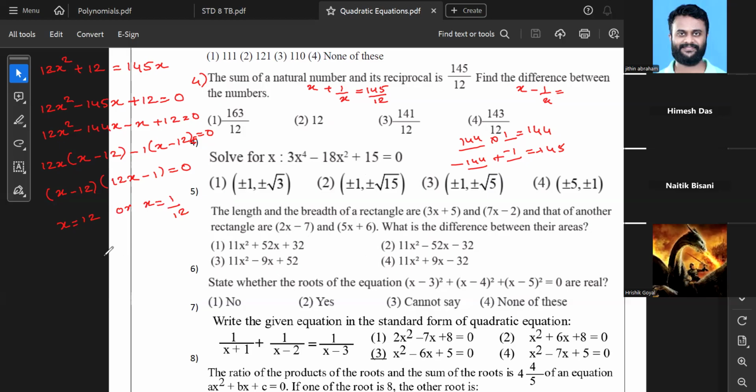So basically, a number and a reciprocal. So ultimately, your answers are 12 and 1 by 12. Now you have to find the difference between them. So 12 minus 1 by 12 is equal to 144 minus 1, 143 divided by 12. Your answer should be option 4.